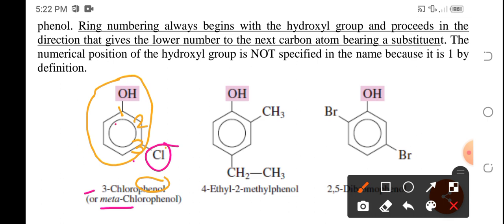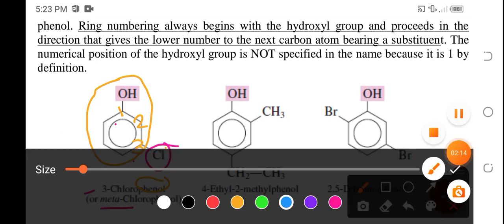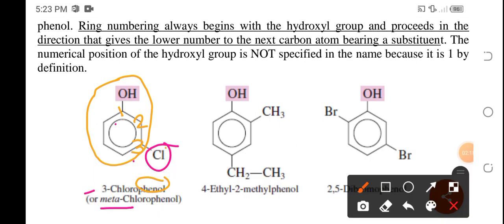Okay. Phenols with 2 or 3 substituents will be named in the same manner as the one previously discussed. So for this case, the parent chain will be phenol.